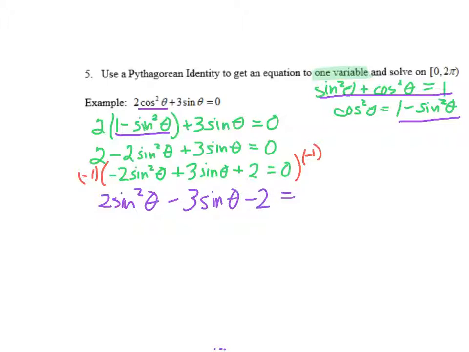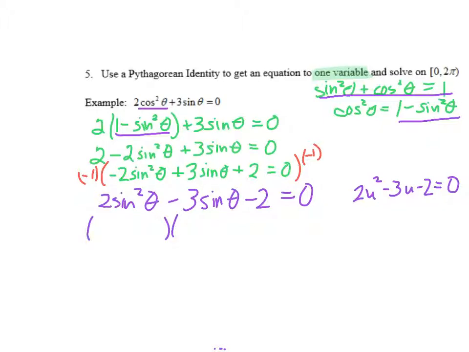And then 0 times -1 is 0. Now once again, if you would rather write that as 2u squared minus 3u minus 2 to clear your brain a little bit and think of your factoring, that would be great. Just don't forget to put the signs back in when you're done.